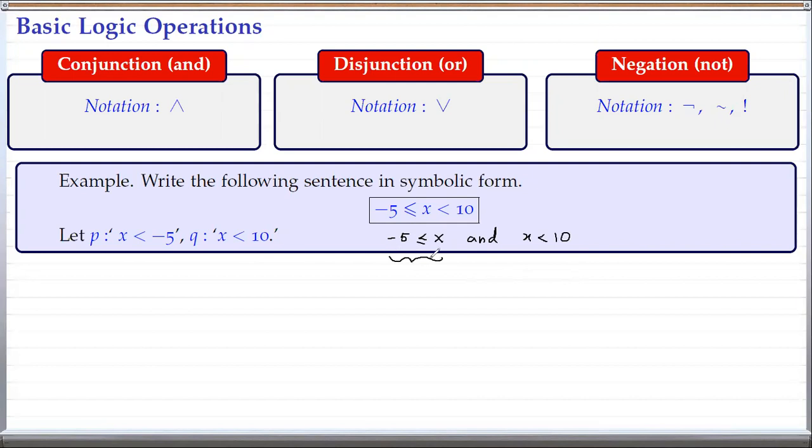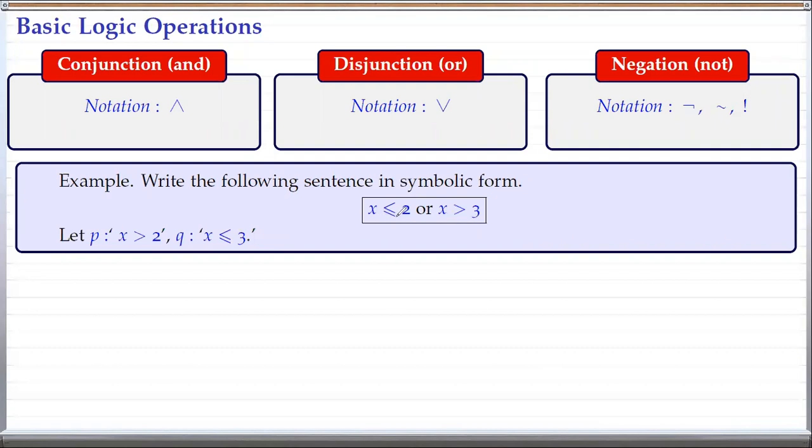Now if we look at it in terms of P or Q, the first one is simply not P, because P says x is less than -5, and here we have x is greater than or equal to -5. So the first one is simply not P, and this is Q. So we have not P and Q. So this is the symbolic representation of the given statement.